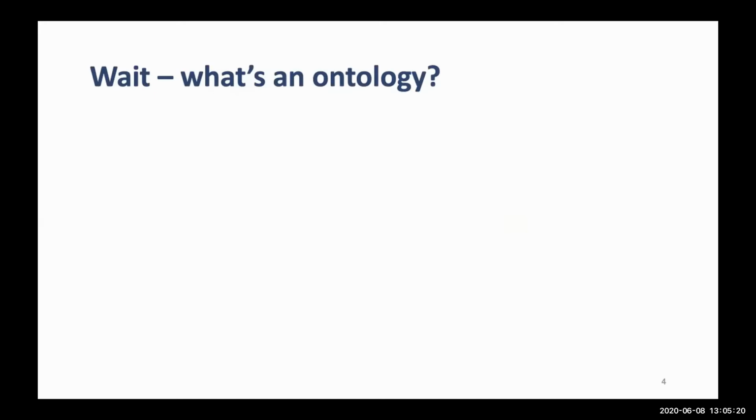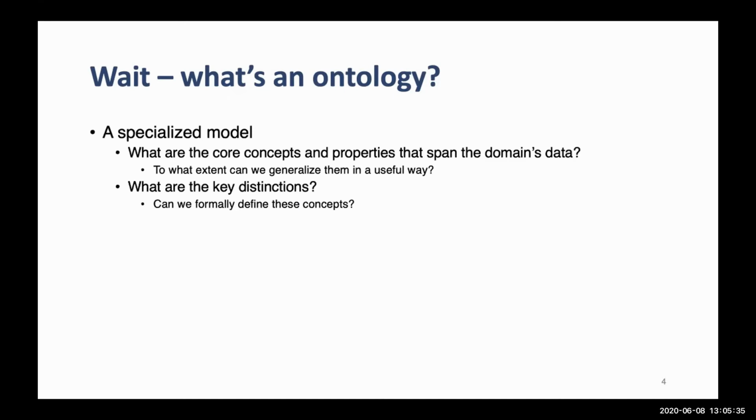What's an ontology? So those of you who are not strangers to Research Day may be somewhat familiar with this already, which is great. If not, we'll spend a little bit of time on this now before talking more about the project. So informally, an ontology is a kind of specialized model. It's something that looks at the core concepts and properties in a domain's data and asks to what extent can we generalize them in a useful way.